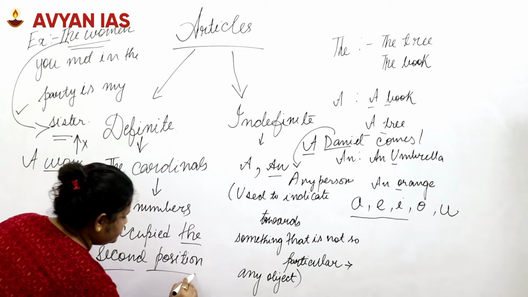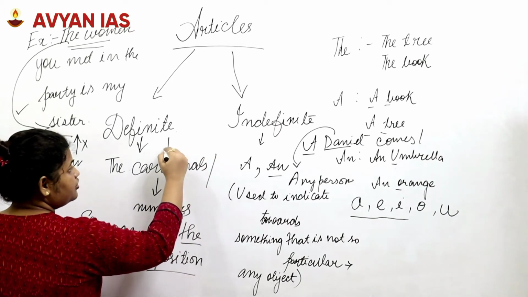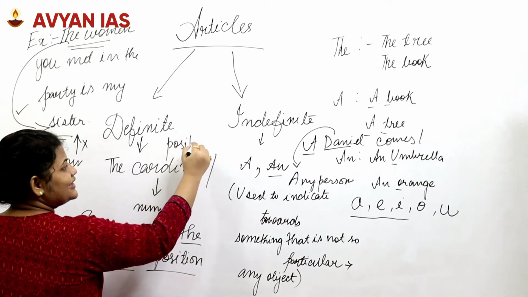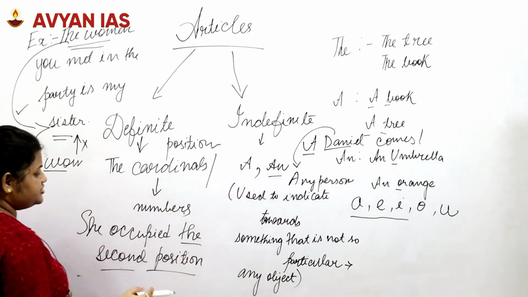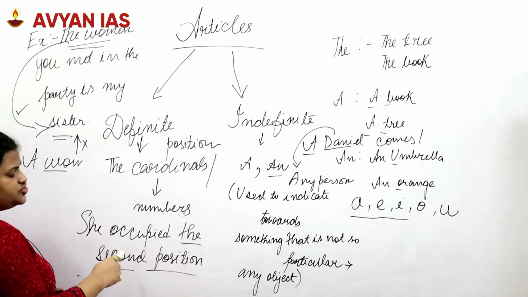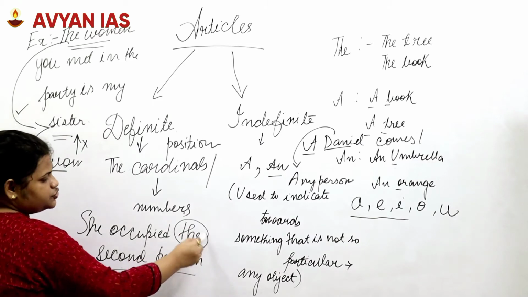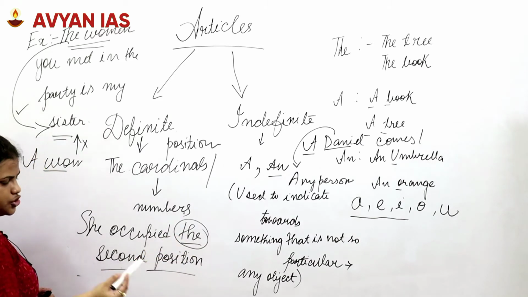Whenever we are trying to indicate a position or a cardinal, which means anything that is done in numbers, whenever we say she occupied the second position, we generally will not say she occupied second position. There has to be a the before any position she occupies.